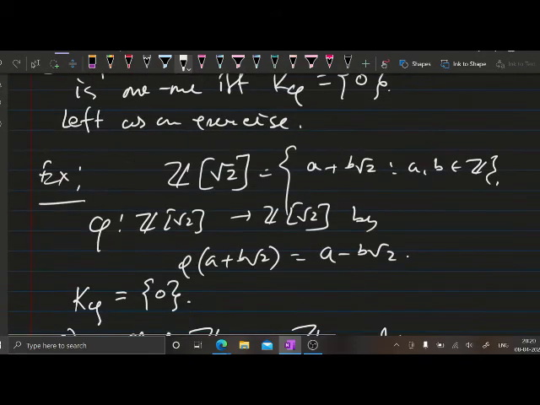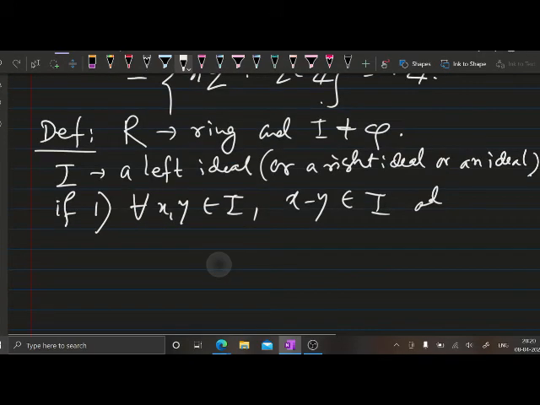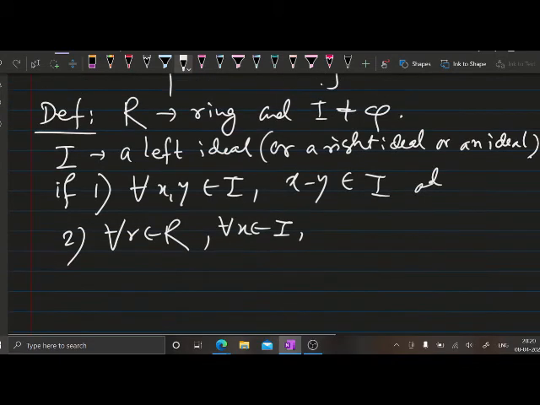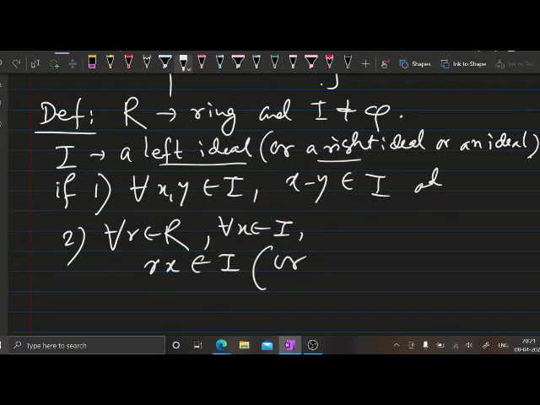So the second condition is that for all r belonging to R and for all x belonging to I, I is said to be a left ideal if rx belongs to I, or a right ideal if xr belongs to I, or an ideal if rx and xr are both in I.